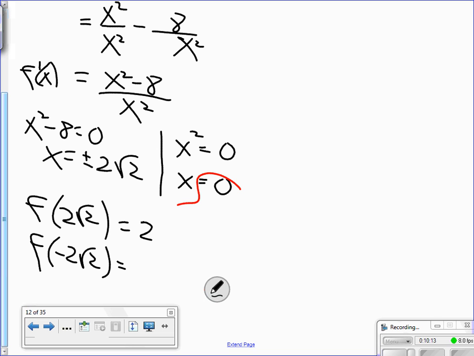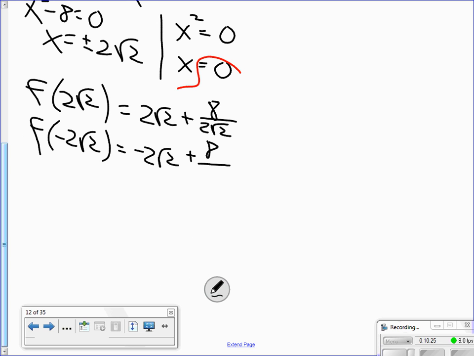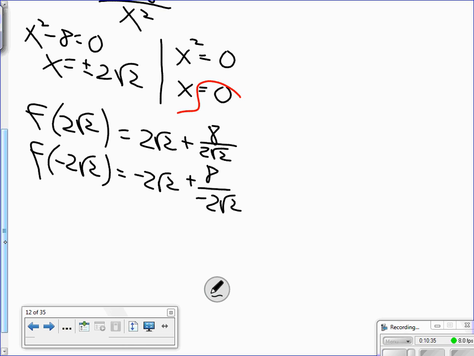So if I plug in, the function is x plus 8 over x. It's going to be 2 root 2 plus 8 over 2 root 2, and the other is negative 2 root 2 plus 8 over negative 2 root 2. Do we want to do anything with that? All right, let's leave it. Now we found the y coordinates at the critical values.